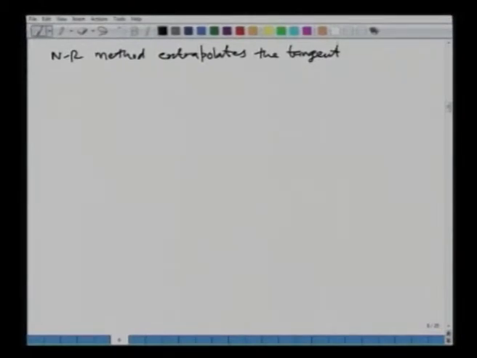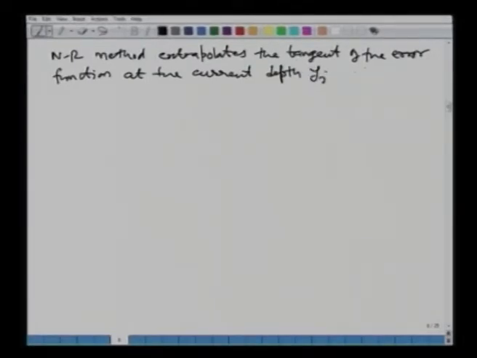You have a nonlinear function, you have a starting point and you take a tangent at that point, of the error function in this case, at the current depth y j, or current root of your equation, to obtain the depth at the next iteration, which is y j plus 1, for the next iteration.